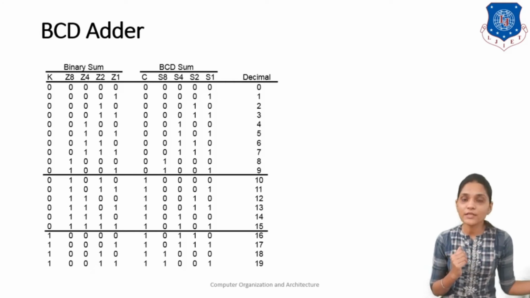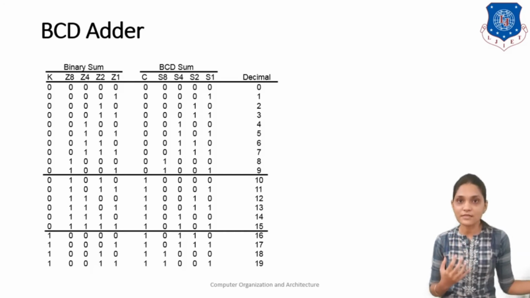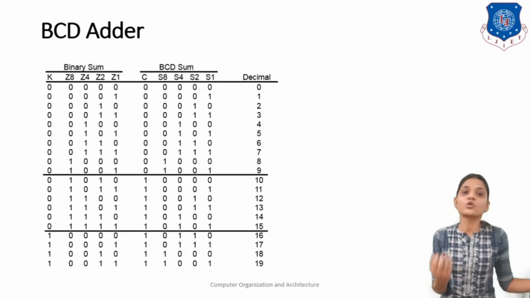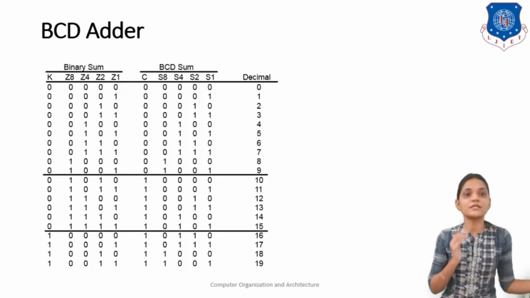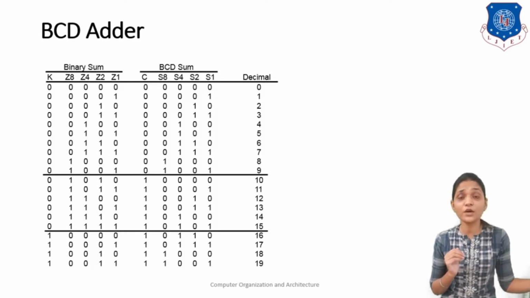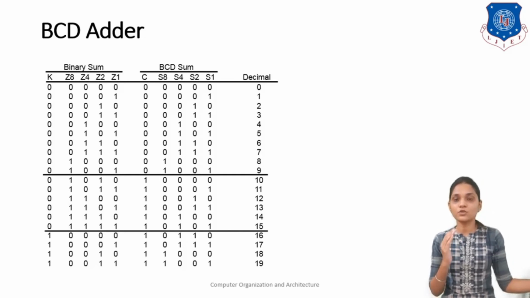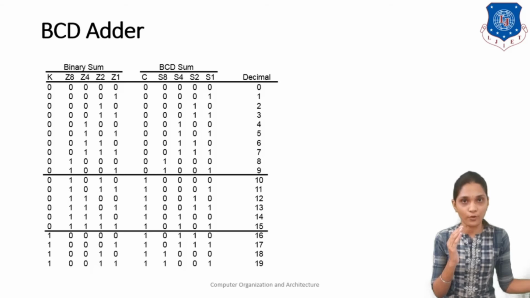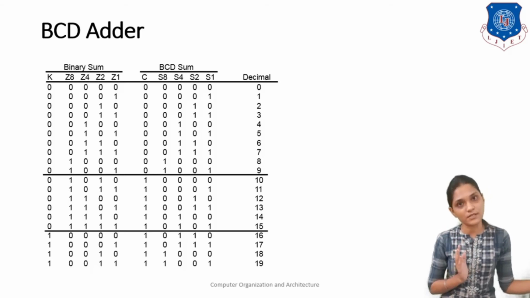So we have to decide when to add 6 to the number so that we can get the actual BCD format. For that we have to check this result. If we divide this result into parts, the first part is in a proper format, where your binary number is the same as your BCD number.